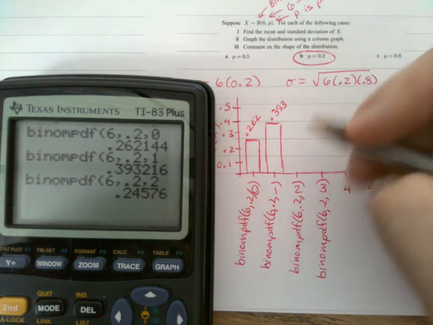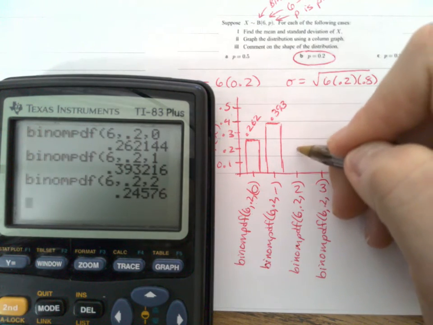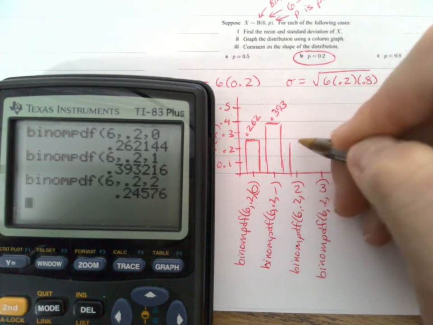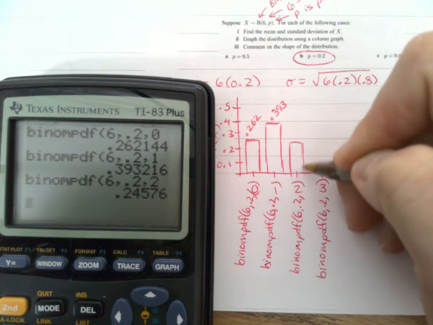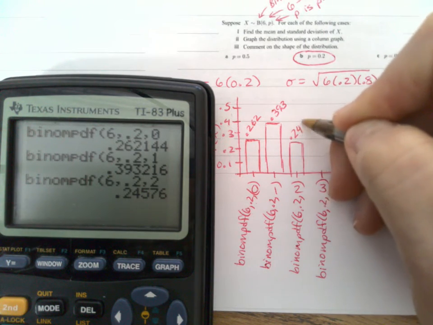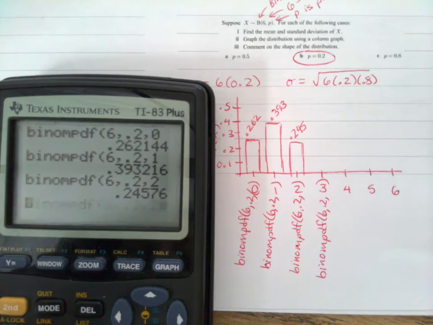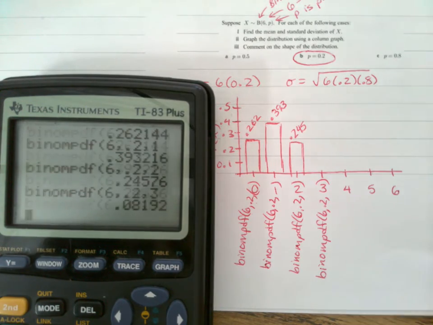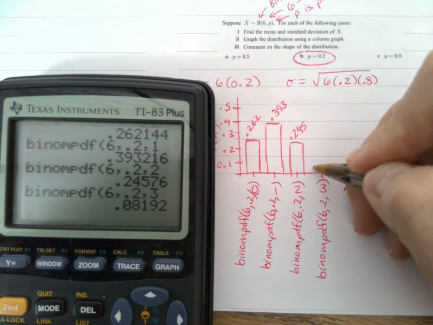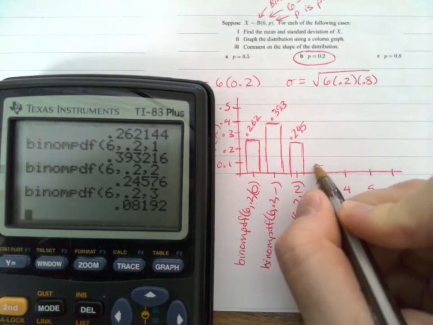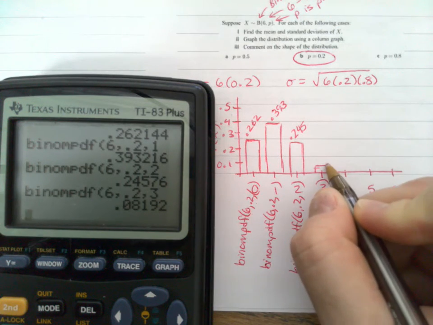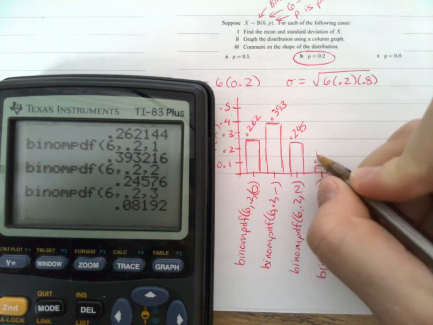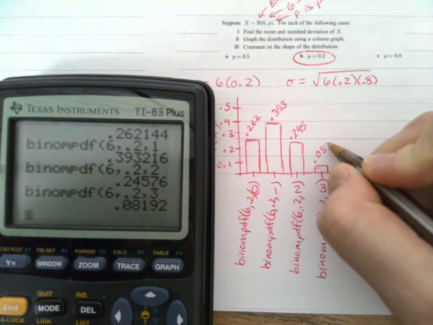All right, I'm going to keep doing this again. 2, 0.245. 3. Oh, we're getting low here. Yikes, that's not even at the 0.1. 0.082.